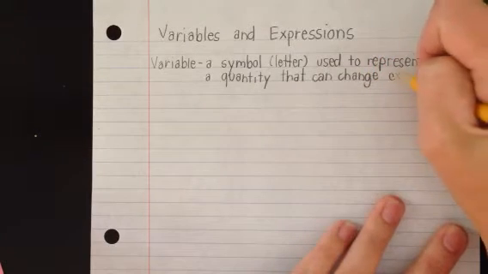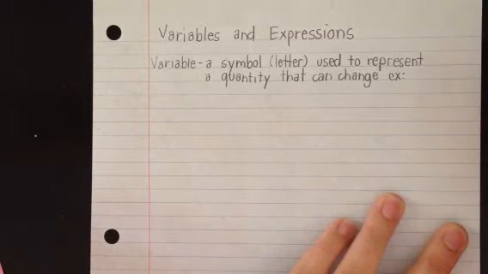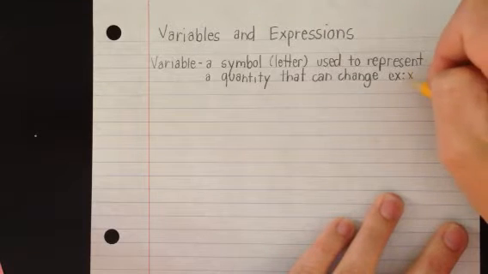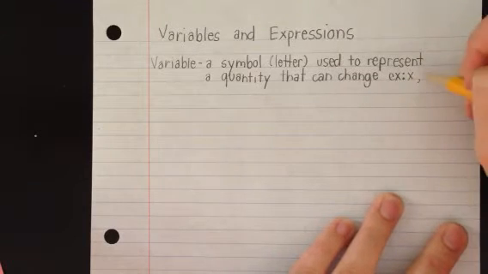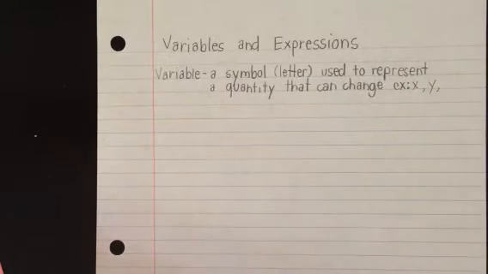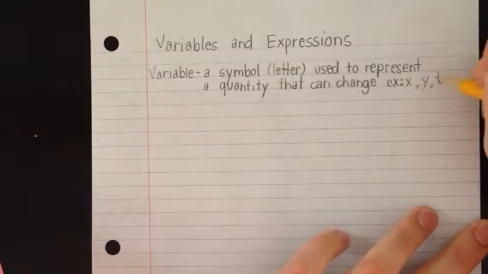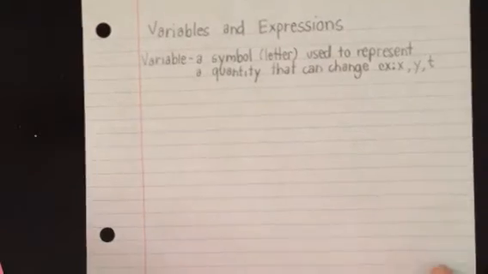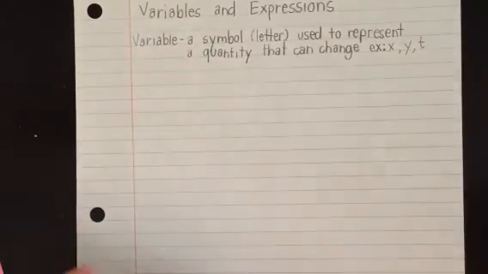For example, we will generally be using X, but you might also see Y. You might see T. And there's lots of other things you might see, but those are just a couple of examples.